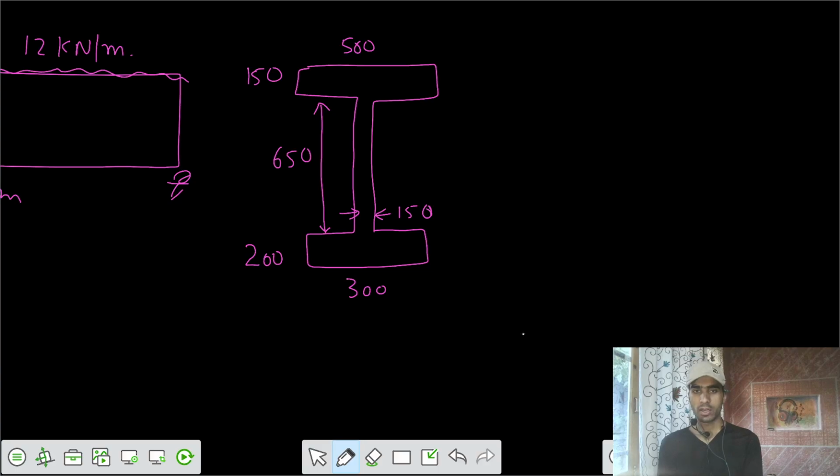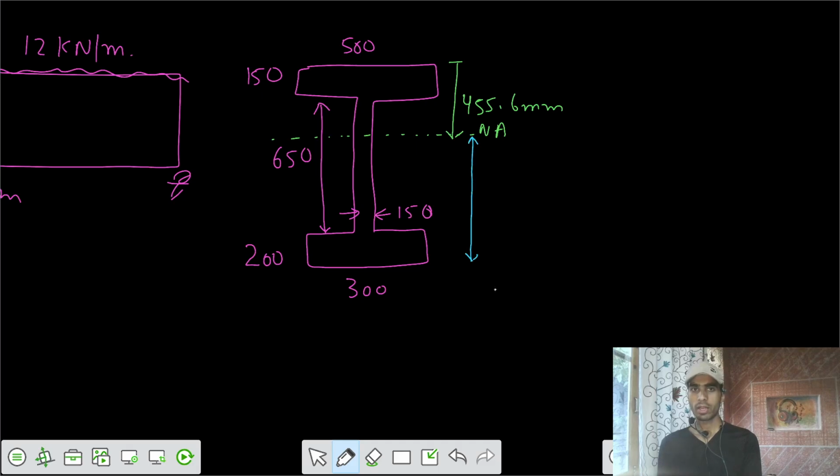And the neutral axis is also calculated. From the top, the neutral axis is somewhere here. Let's say this value is 455.6 millimeters. That's the location of the neutral axis. How much is this other part now?